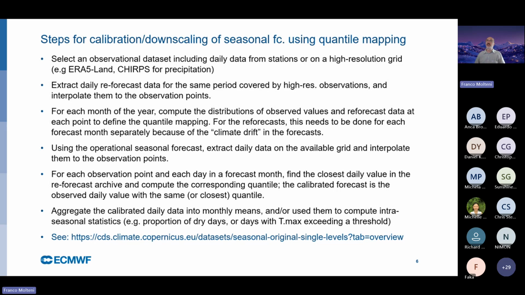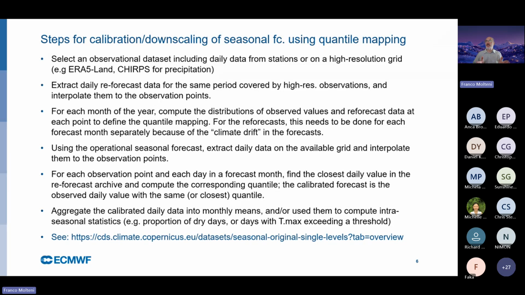One word of mention, linear interpolation always produces smoothing. So it's better to do this before at this stage, because then you hope that the quantile mapping will also correct the additional error that is introduced by the interpolation.